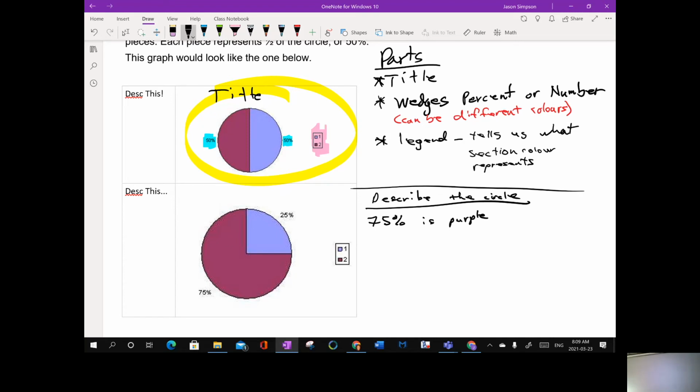Another way to represent that is you could have said 75 out of 100 is purple. And then you could always break 75 into the lowest fraction and call it 3/4. You remember we were doing ratios yesterday. It ties in. And we also have 25% for the second bit. So you'd say 25% is blue.